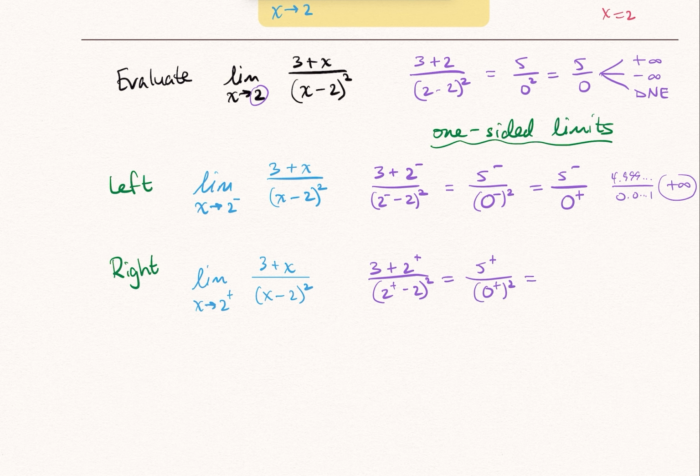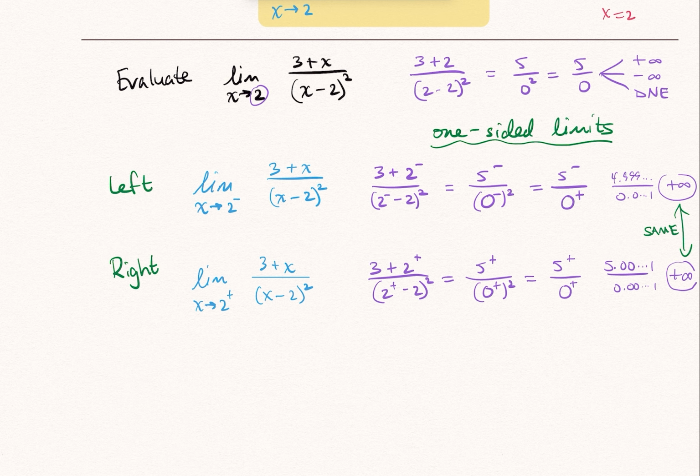And we have to square that. 0 plus squared is, well, that's just 0 plus again. So this is sort of like 5 zeros and then a 1 divided by 0.0001. And that's positive divided by positive is positive infinity. These two are the same.